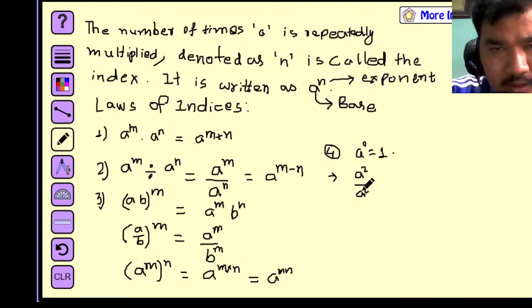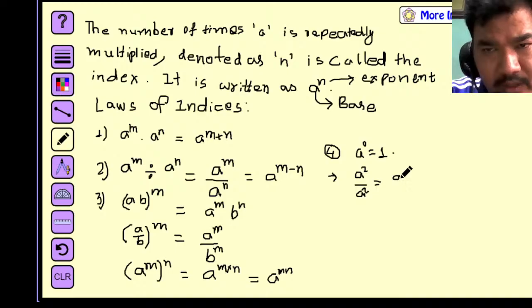In lower classes, a square means a into a, divided by another a into a. And we used to cancel like this, a cancels, here comes 1, and this a also cancels, here comes 1. Then when you multiply them, our result came 1.